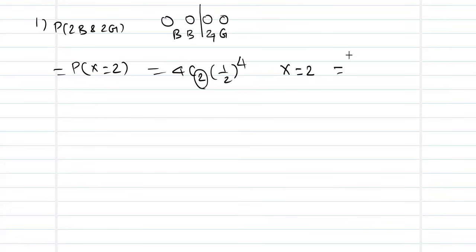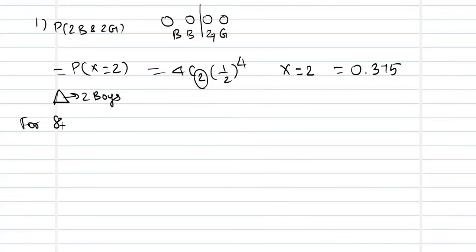Please do check if the answer for your x equal to 2 is 0.375. So this is the probability that one family has 2 boys. Now how many such families are there?